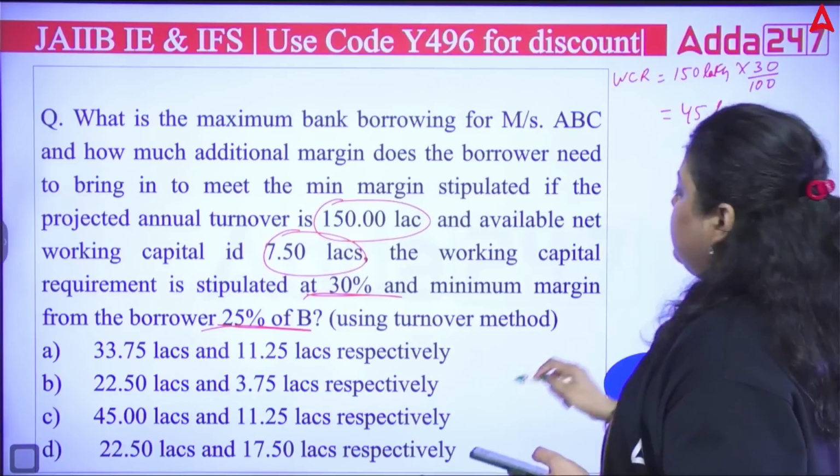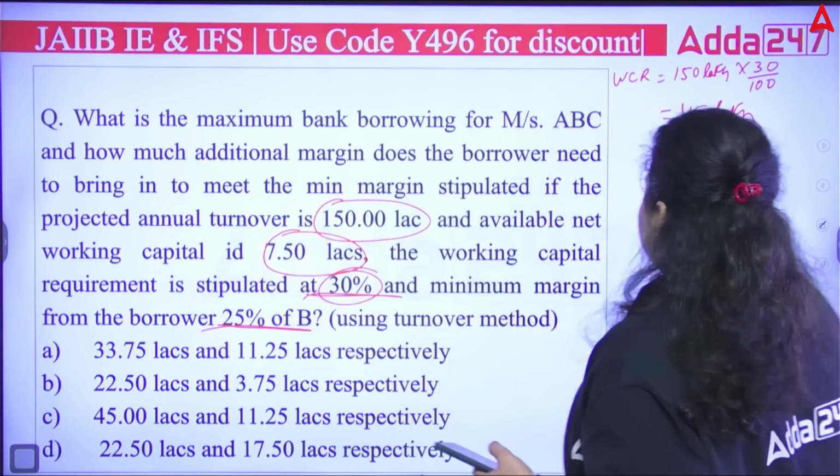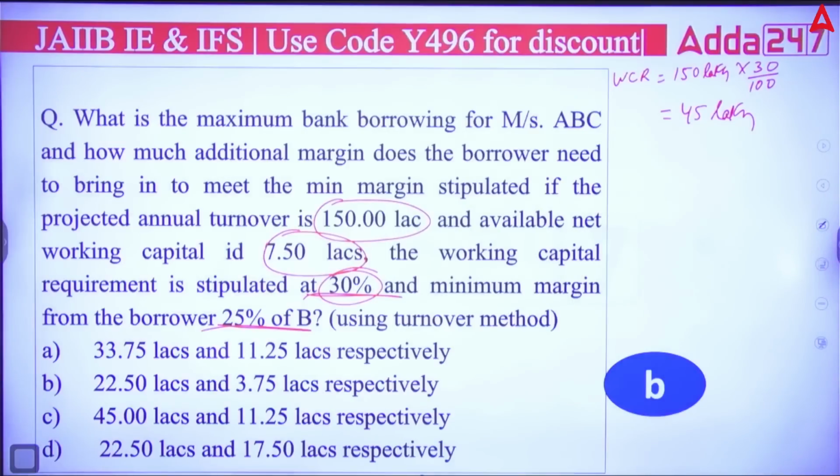It has been given that 30% working capital is required, so 30% of 150 means 45 lakh is required.